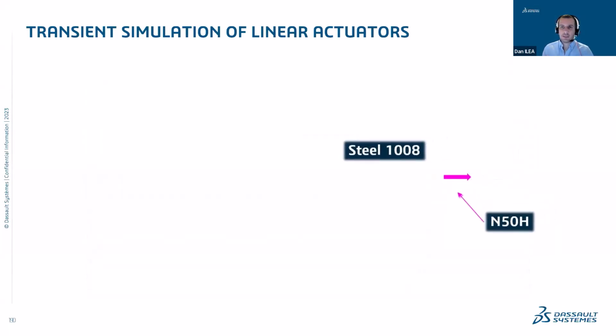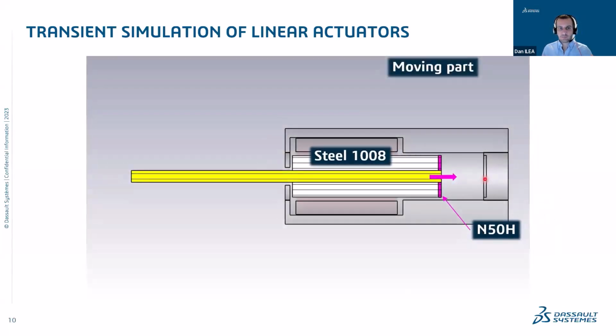The intention here is that when we are not putting any current in the coil, we'll see the control part in a second, our actuator will stay in the open position. So these two magnets will attract, and the moving part will want to move to the right-hand side of the screen.